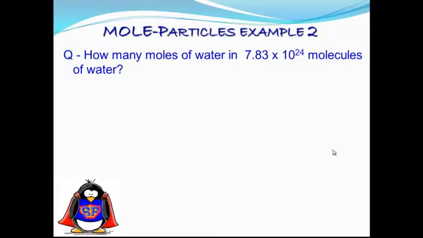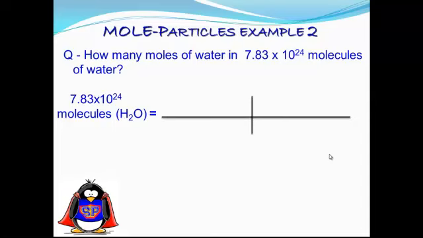In this case, we want to know how many moles of water are in 7.83 times 10 to the 24 molecules of water. So you start with molecules of water, H2O, and as you can see, the format I use always utilizes the parentheses to specify what you're referring to. And this time I'm just directly going to jump to the monkey bar, and you start with this molecule of H2O.